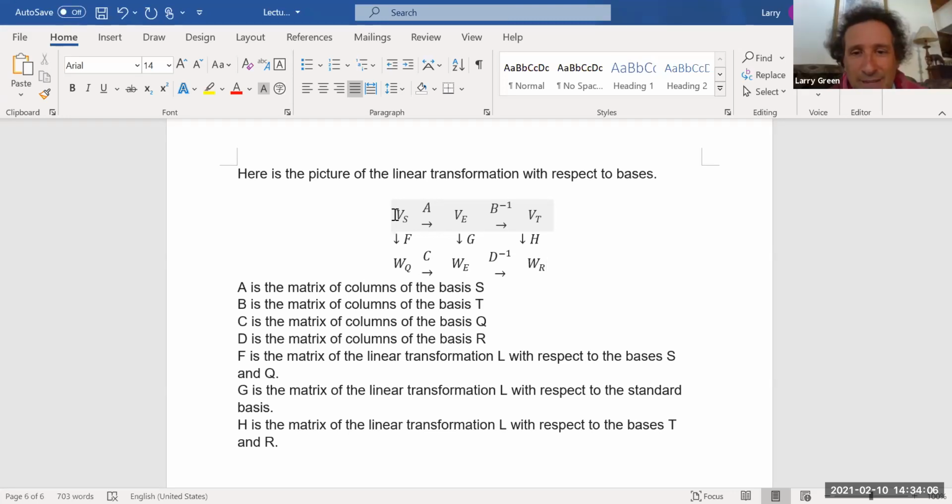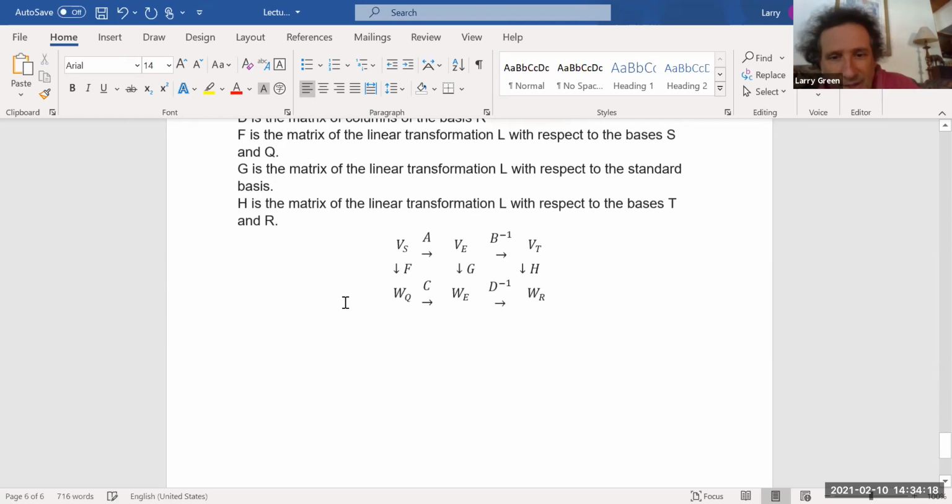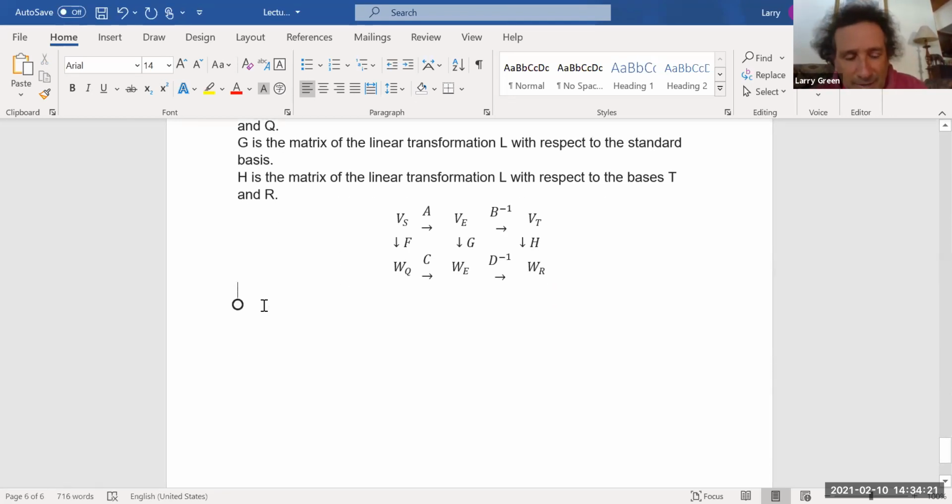So we could do A, B inverse, and then H. So notice, I think I'm going to copy and paste this so that I can write below it. Otherwise, you're not going to be able to see it. If we take A and then do B inverse, remember, you always read backwards, and then do H. Then that'll be the same as another way of getting there.